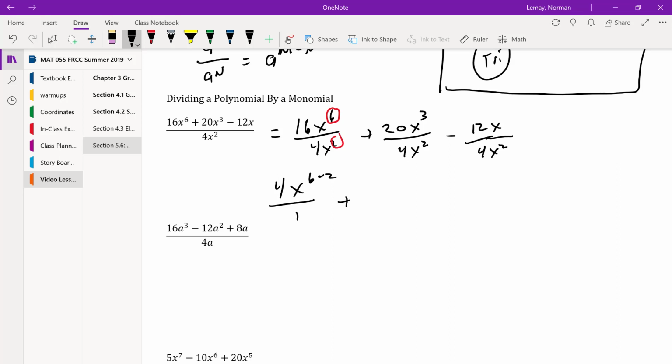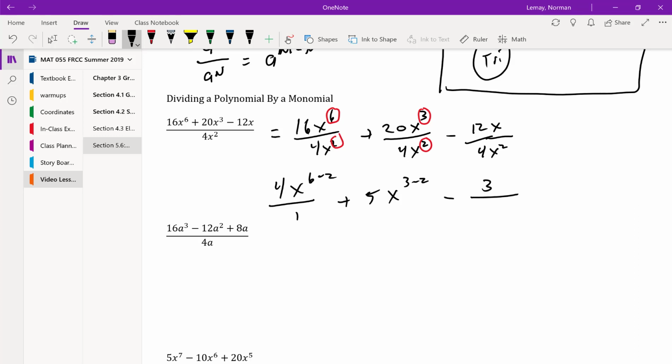Plus, and notice that 4 goes into 20, so we get 5. And so can we see that we get x? And again, we're going to take the difference of this 3 and this 2. So we get 3 minus 2, and now the next term.